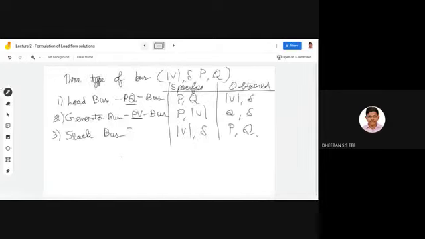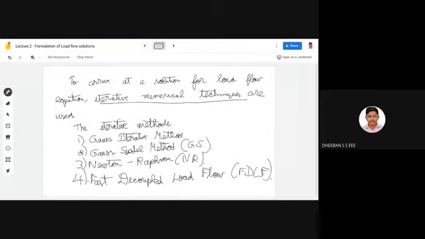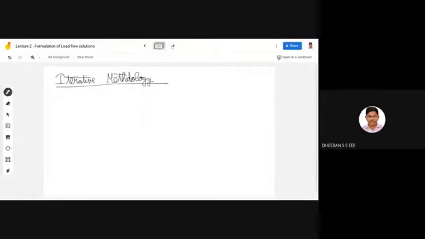The iterative methodology is the base for all the four methods. So we'll be seeing this with respect to your load flow, that is, your power system.